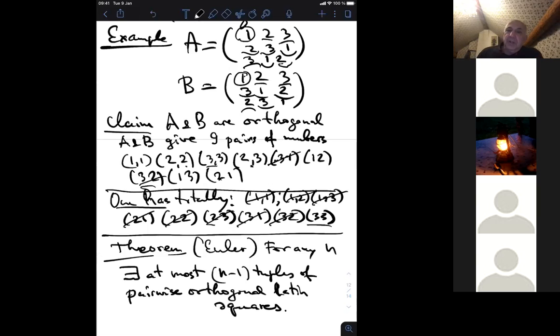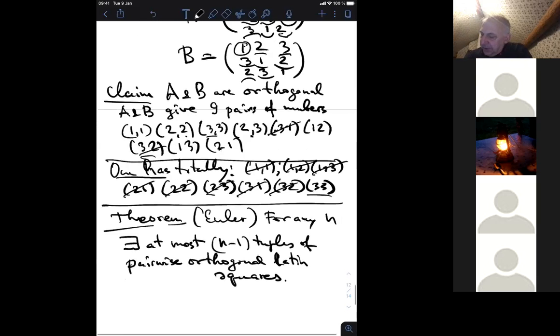So in principle, a given Latin square can be orthogonal to a whole bunch. We're interested in collections of Latin squares of a given size which are pairwise orthogonal to each other. And Euler has proved in the mid-18th century that for a size n, you can have no more than n minus 1 such squares which are pairwise orthogonal to each other.